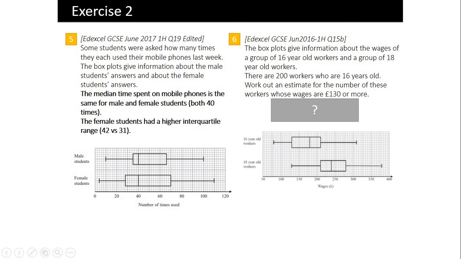So if we want an estimate for the number of workers whose wages are above that, that will be 75% of the data. Because remember, from the minimum value up to the lower quartile is 25% of the data, so the remaining will be 75%, which is the same as working out 3/4 of 200. So there's an answer of 150.